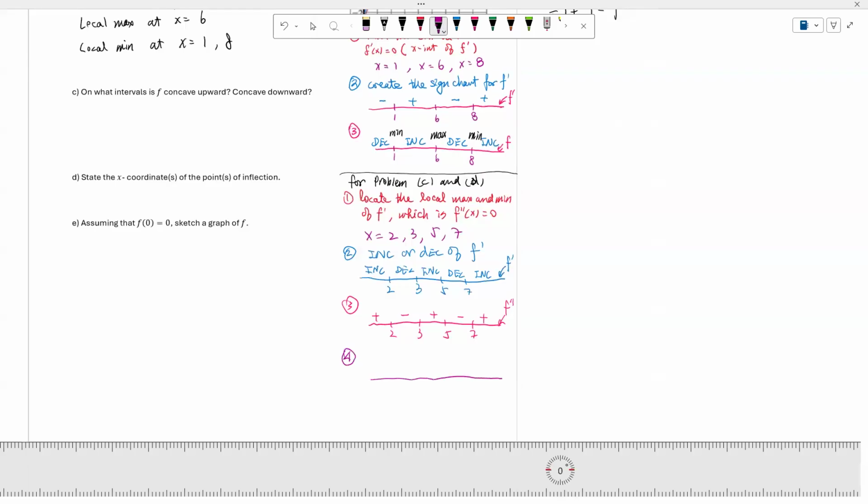I would like to work with the f function now. Okay, so again, we have 2, 3, 5, and 7. Remember, positive f double prime means the f function is concave up. Negative f double prime means the f function is concave down.